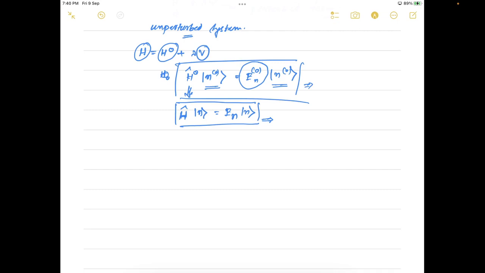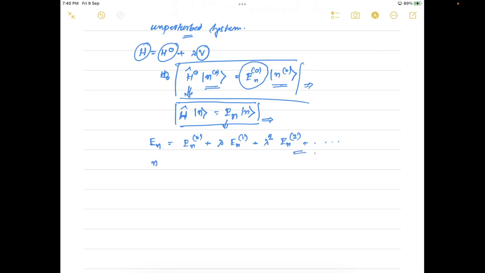Now we will expand the eigenvalue En with different orders of lambda. The first term will be the 0th order term, the nth eigenvalue corresponding to the unperturbed system. Next we add lambda times En1 plus lambda squared times En2, like this.